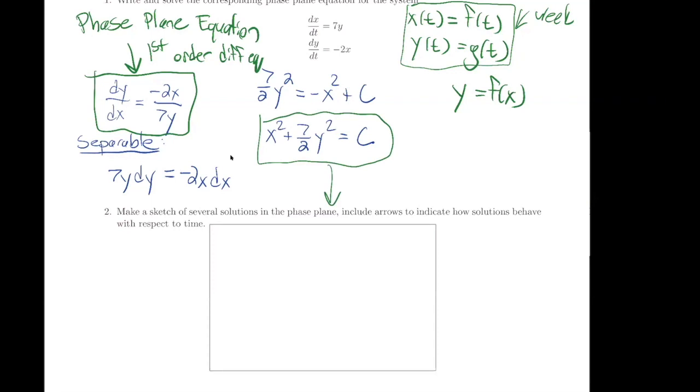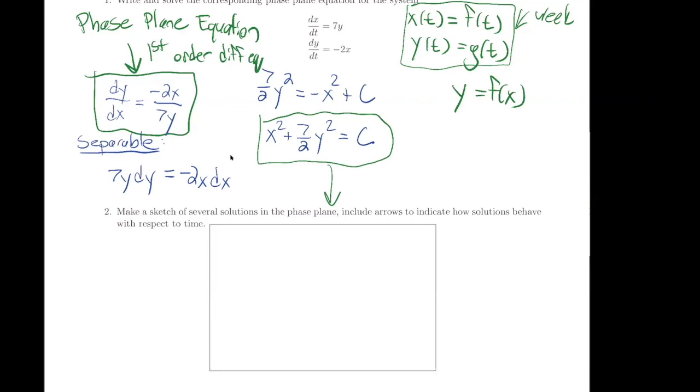And you might look at this and think, what would those equations look like in the plane? x squared plus y squared is c. A circle? Yeah, so those would be a bunch of circles with radii square root of c.